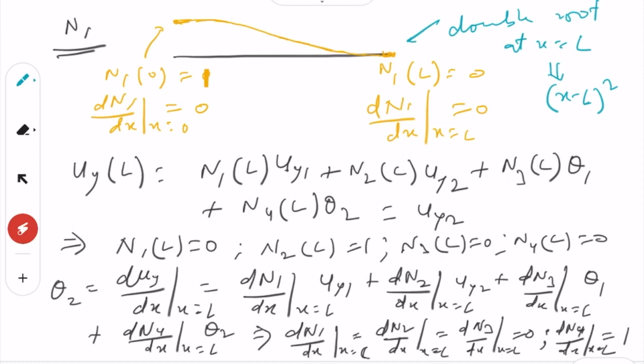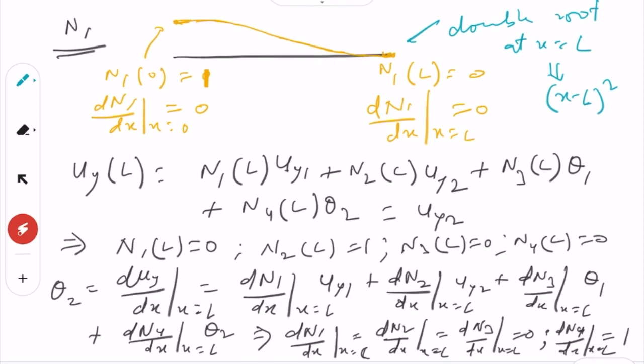Now we also have dN1 over dx equal to 0 at x equal to 0, so there will be one more thing here that makes this derivative also 0, not only at x equal to L, but at x equal to 0 also. So we have to find out what the value of N1 will be.